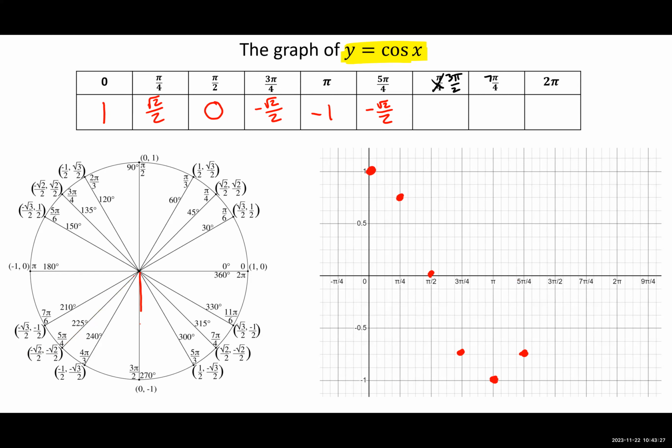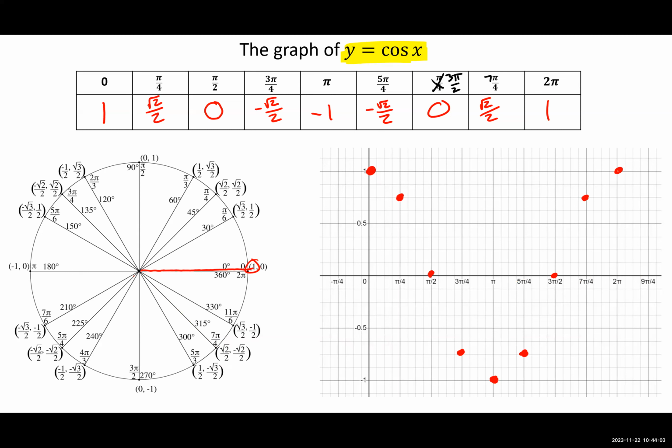When the angle is 3 pi over 2, the cosine is 0. When the angle is 7 pi over 4, the cosine is root 2 over 2. And when we are back to the starting point, an angle of 2 pi, the cosine is 1. So when the input is 2 pi, the output is 1.